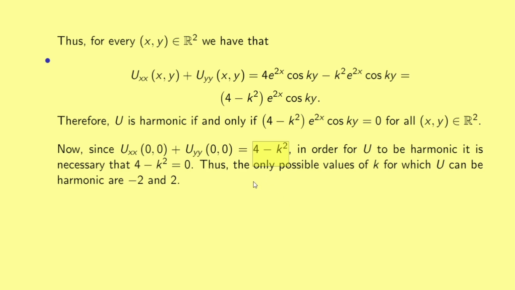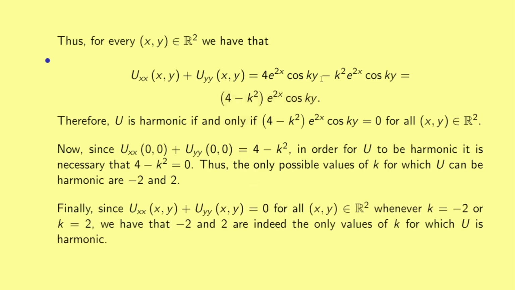So the only possible values for k which make u harmonic are minus 2 and 2. And indeed, if we take k equals 2 and plug in this expression, we obtain 0. And if we take k equals minus 2, we also obtain 0 for all x and y. So the only values for which the function u is harmonic are k equals minus 2 and k equals 2.